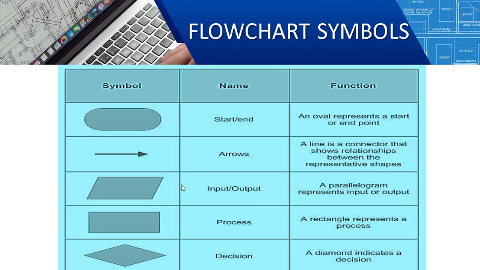Then we have a process symbol. Process symbol is used mainly for calculations and manipulations which are done inside the program. And then we have a rhombus, that is a diamond shape, that indicates a decision. When we take any kind of decision in the program, we use this rhombus symbol.